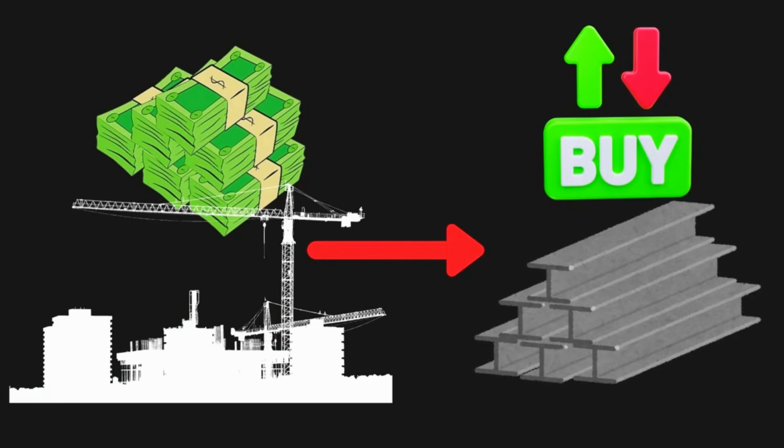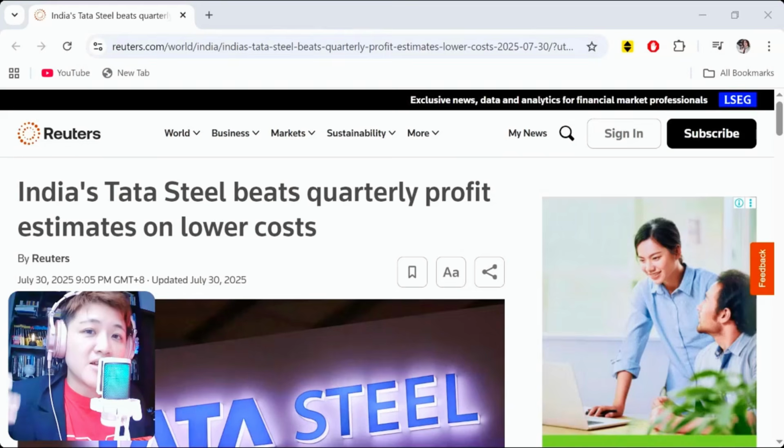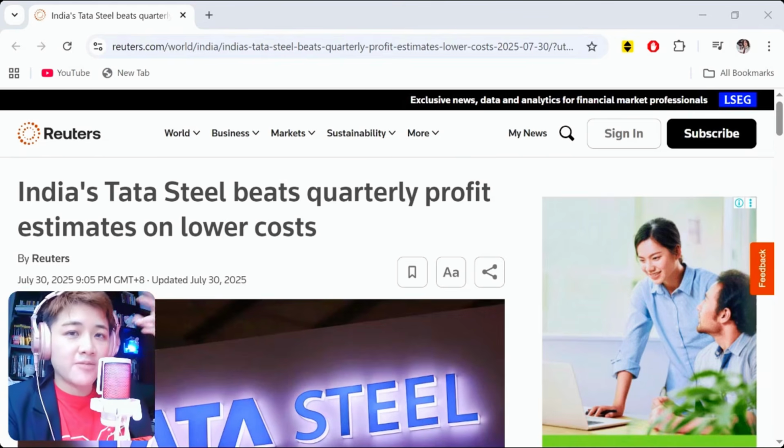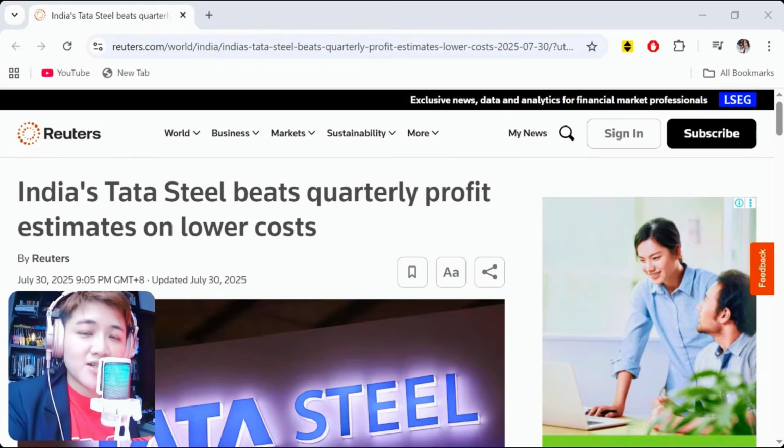So let me buy all the steel companies too. And as a result, a lot of the competitors of Tata Steel went up. Profits didn't increase, but their stock went up because of this kind of irrational behavior. How one company could produce a ripple effect and then cause the whole industry to go up.